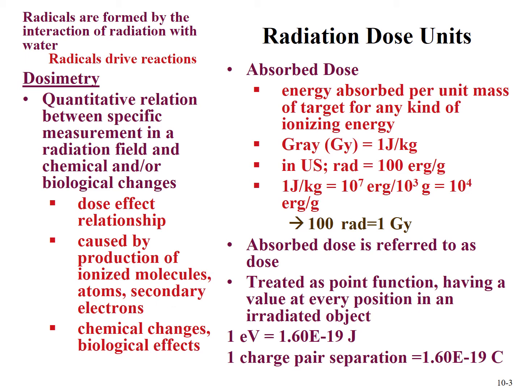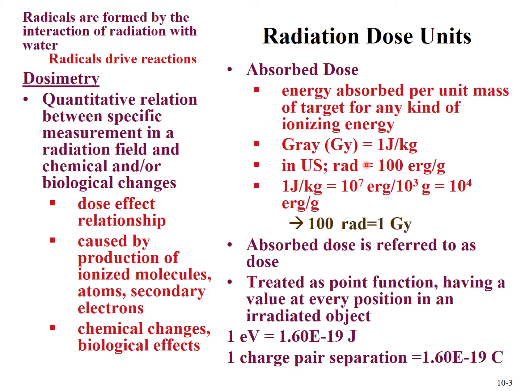So when we talk about absorbed dose, we talk about the energy absorbed per unit mass of any target for any kind of ionizing radiation. We talk about units such as gray or rad. We're talking about the energy absorbed, and we're not really focusing on the ionizing particle that's depositing that energy.